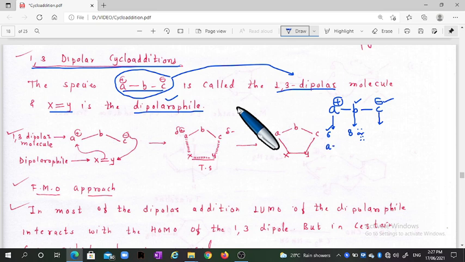A may be carbon, oxygen, nitrogen. A or C, both may be carbon, oxygen, and nitrogen. But B is the base, nitrogen or oxygen.